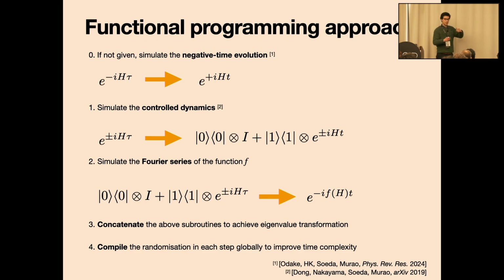Each subroutine happens to be a randomized algorithm, and instead of having each concatenated layer with some correlated randomness happening within that layer, we now correlate the different layers of randomness globally to make a more efficient version of the randomness. And we'll see this in some technical detail later.